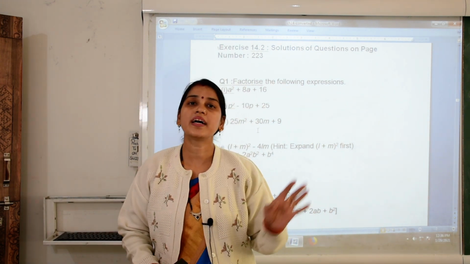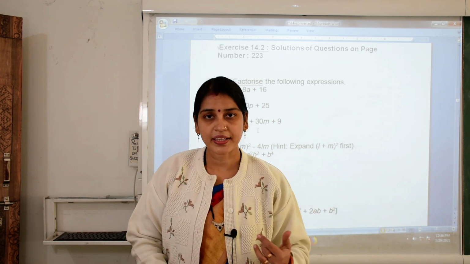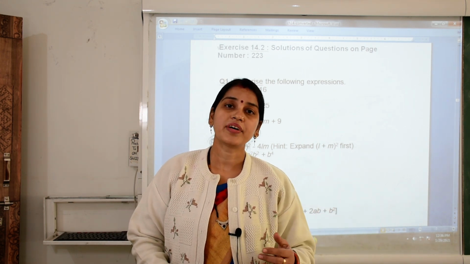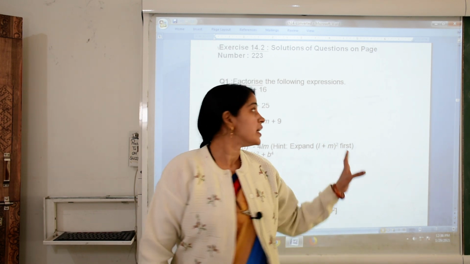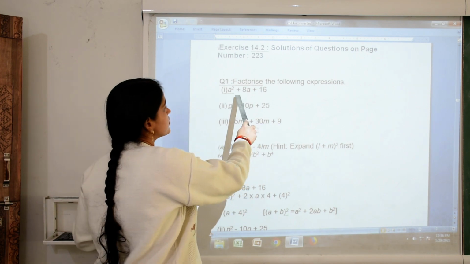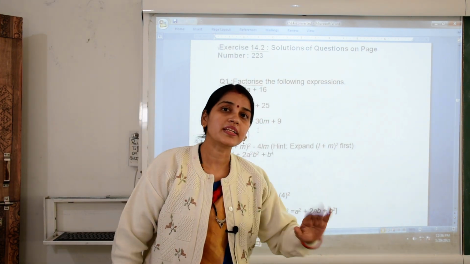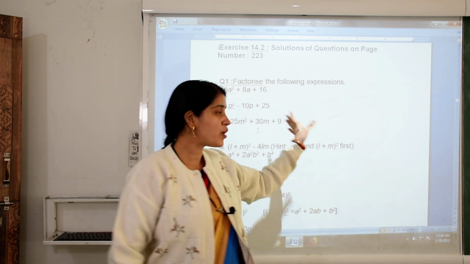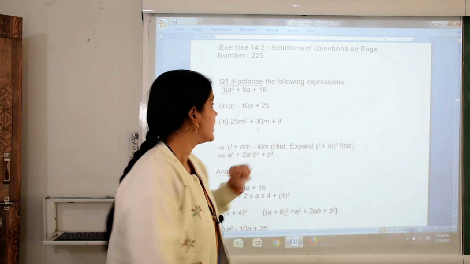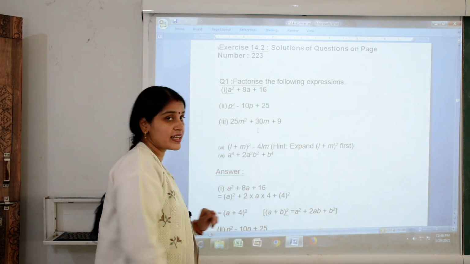I told you there are different methods, like the first method, the common factor method, and the second one, the regrouping method, that we already discussed. But here it is not mentioned by which method you have to factorize this expression. So you have to identify it, like here a square plus 8a plus 16.